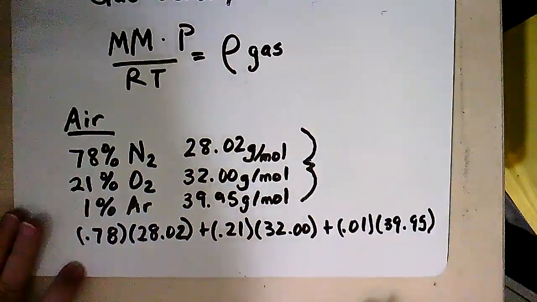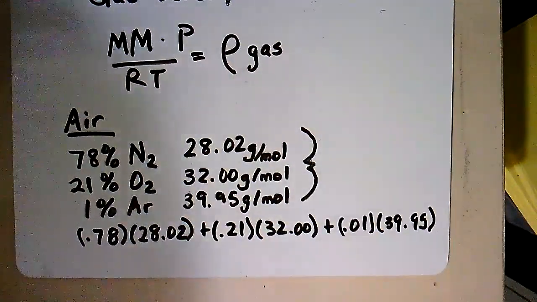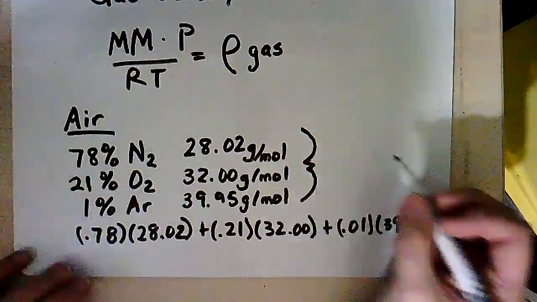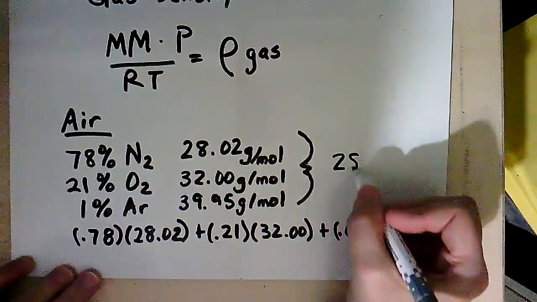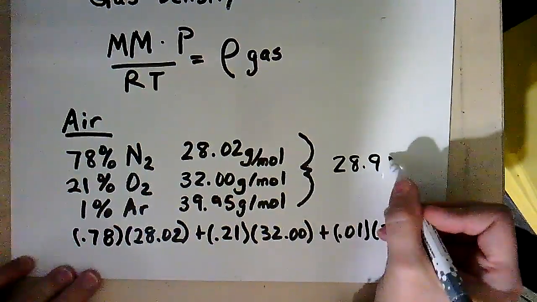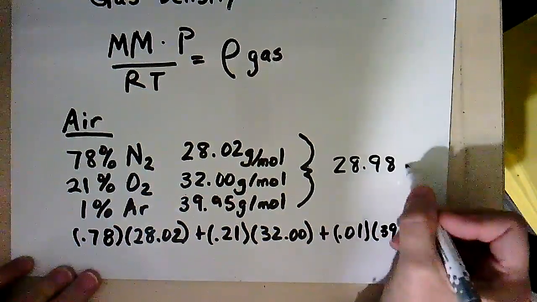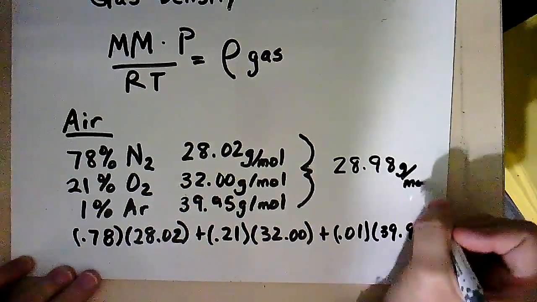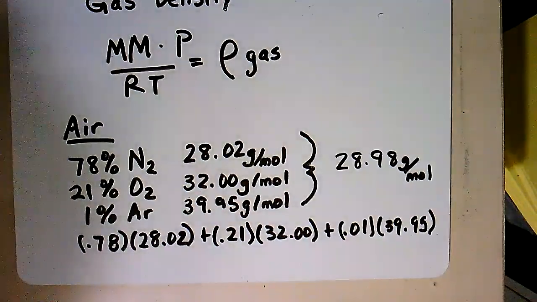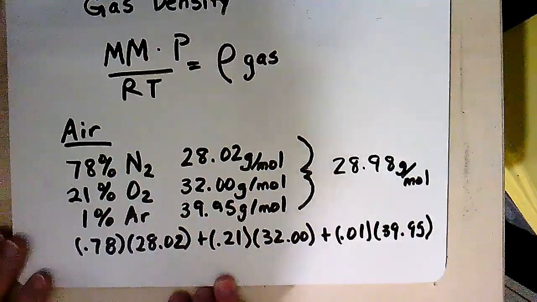Pause the video, do this calculation, see if we come up with the same answer. So I came up with 28.975, so I'll round that up to 28.98 grams per mole. And I can use this molar mass, because it's an average molar mass of air, to find out the density of air.